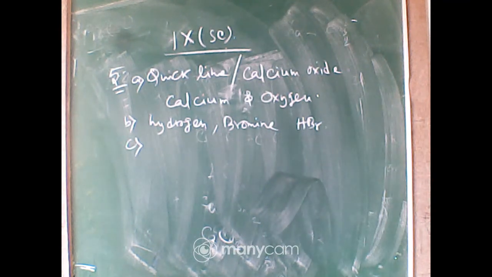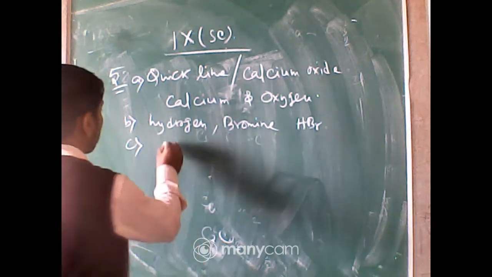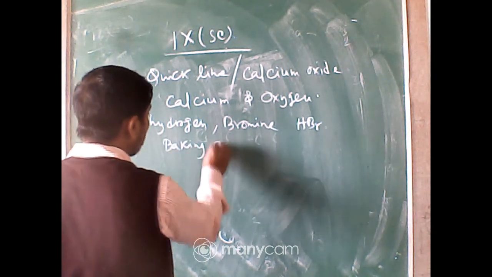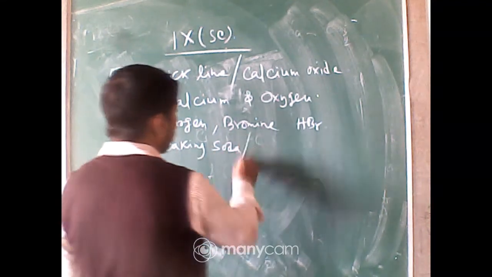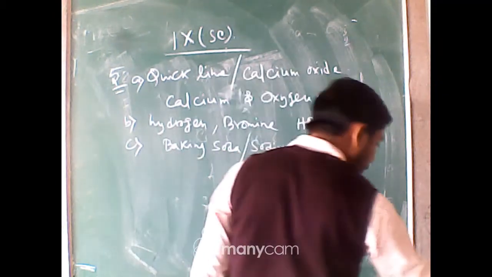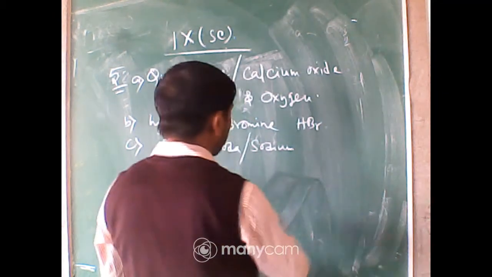baking powder. We use baking powder in our kitchen for making foods. So the chemical name of baking powder is sodium bicarbonate. Okay. Baking soda or sodium bicarbonate.